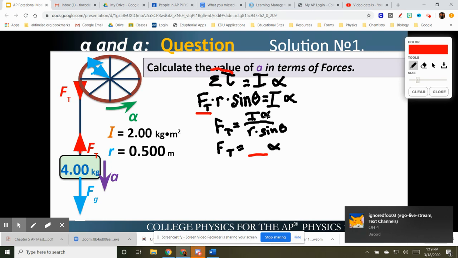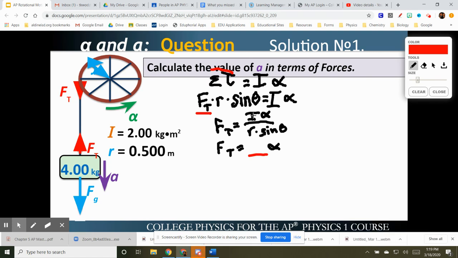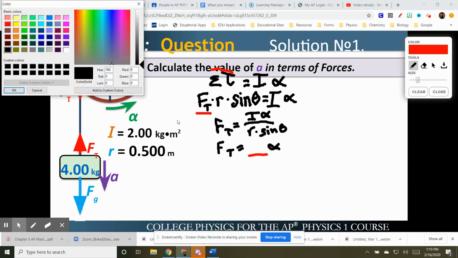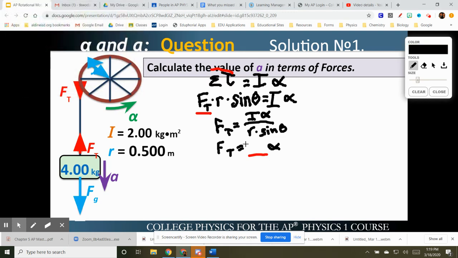So it should have been I, which is 2, and then the bottom is 0.5 times 1. So 2 divided by 0.5 is 4. Everyone okay there? I was 2, right? Divided by R was 0.5 times sine of theta is 1. So 0.5 times 1 is 0.5. 2 divided by 0.5 is 4.